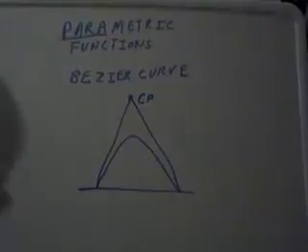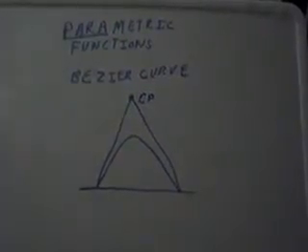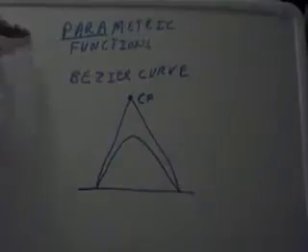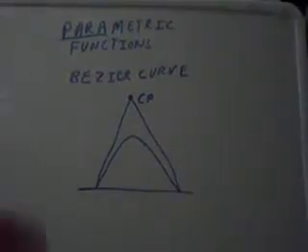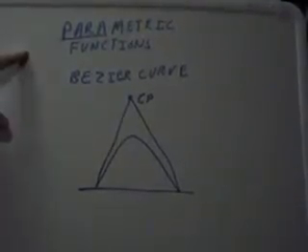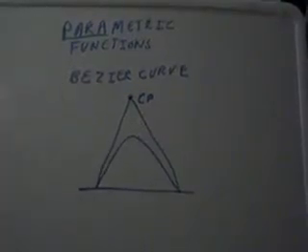But when you're combining linear interpolations, what you're doing is you're forming a parametric function. So if you have two linear interpolations and you put them together, you form a parametric function. And one type of parametric function is called a Bezier curve.